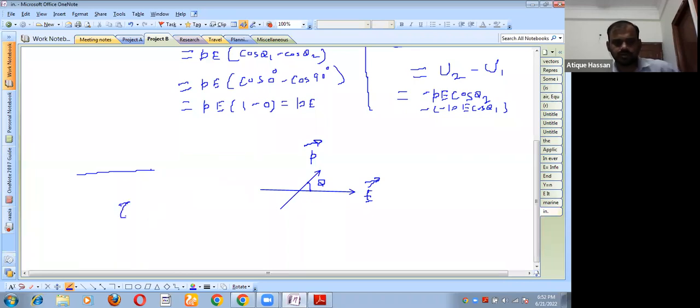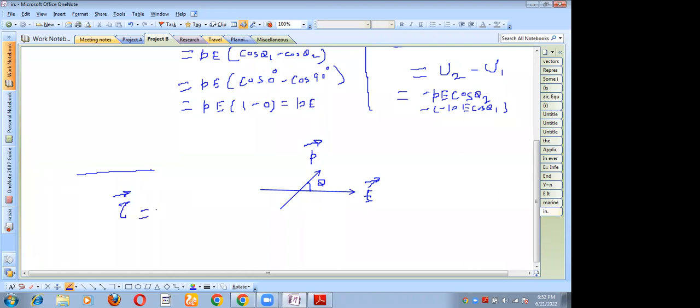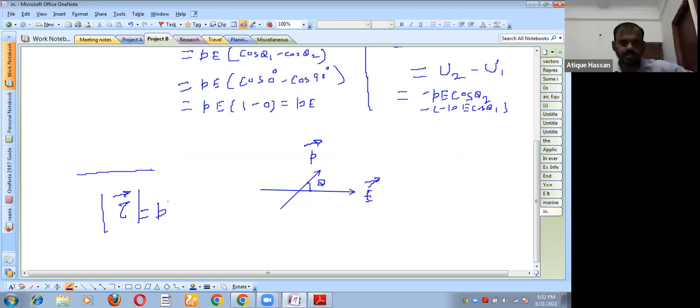We know the formula for torque. Can you dictate the formula of torque? PE sin theta. Correct. Torque in vector form is P cross E, and we write in magnitude P E sin theta.